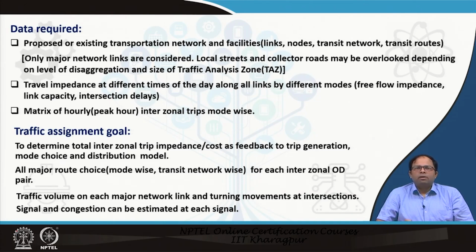It could also vary, of course, transit network wise, as per the transit routes that are there in the city. But mode wise means when you are using a car, you may choose certain routes as alternatives. When you are using a motorbike, you may choose certain other routes as alternatives. So mode wise also the routes that you choose will vary.